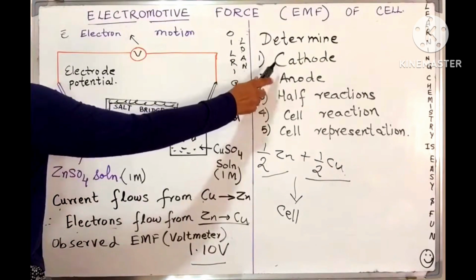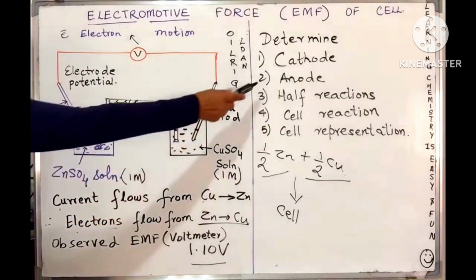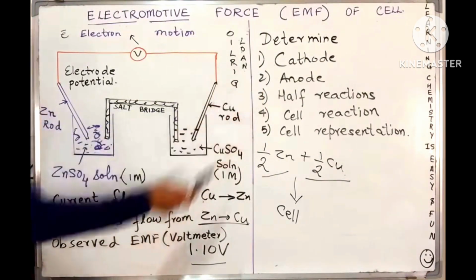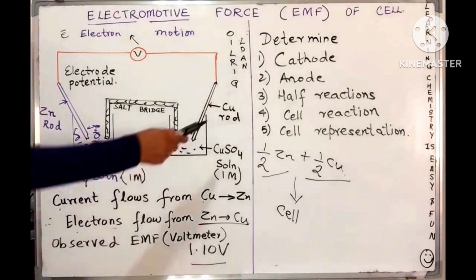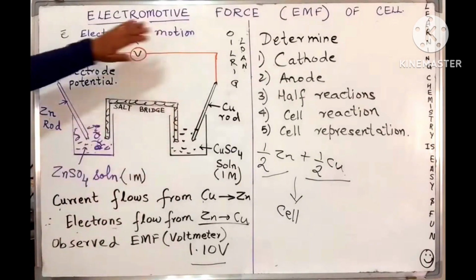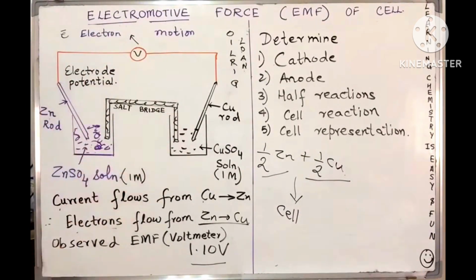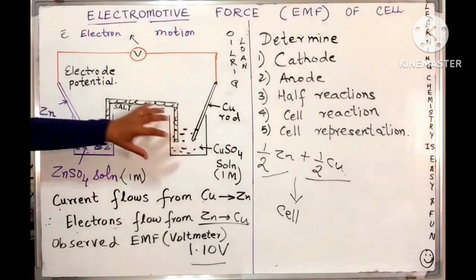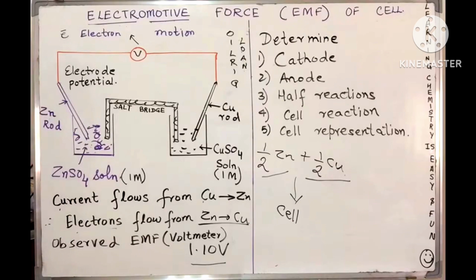You have to determine the cathode in this setup and the anode, write the half cell reactions, write the complete cell reaction, and also represent this cell by means of symbols, not by means of this diagram. Every time I have to represent a cell, I will not make this diagram because it is quite time consuming, so we give some symbolic representations in order to show a cell.